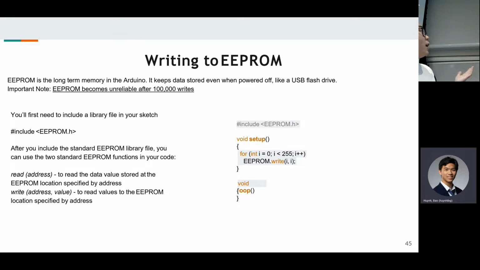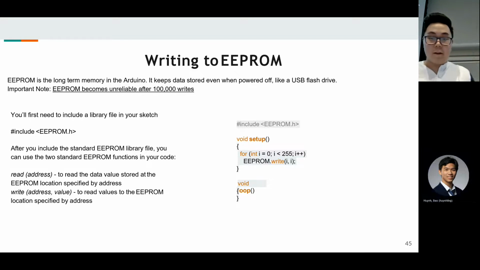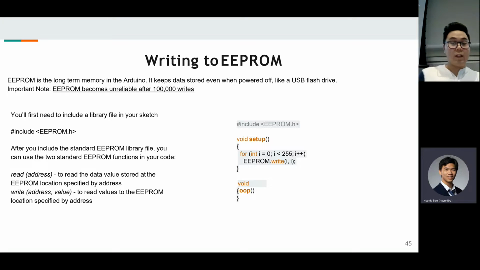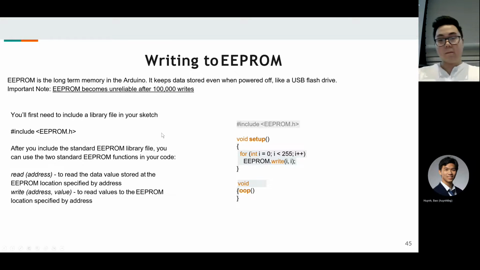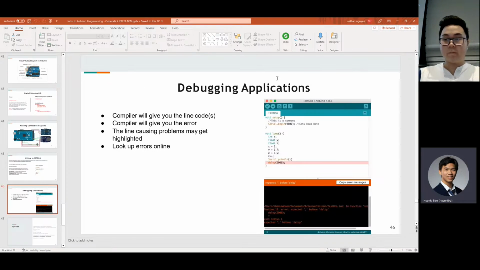And then once you include that, you have access to the commands read and write. On the right, you would have #include <EEPROM.h>. You would set up the EEPROM so it can write things constantly. And then I didn't really do anything for the loop. I don't know what happened there. But this would be just writing it.